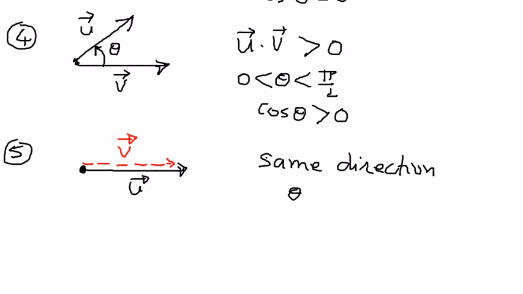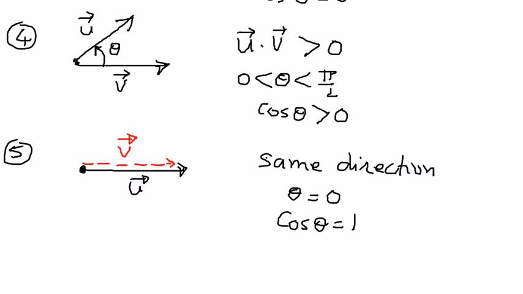Therefore theta is equal to 0, because one vector is lying on top of the other. There is no angle between those two vectors, so theta is going to be equal to 0. Therefore cosine theta is going to be equal to 1, isn't it? Cosine 0 is going to be equal to 1.